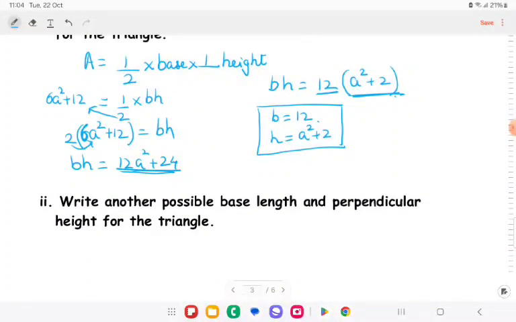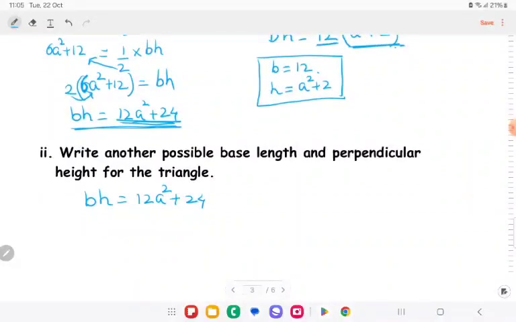Write another possible base length and perpendicular height for the triangle. So let's start from here again. Base into height is 12a square plus 24. Thinking of another factor, I can say that 12 and 24 both come in the table of 3 or maybe even 6.